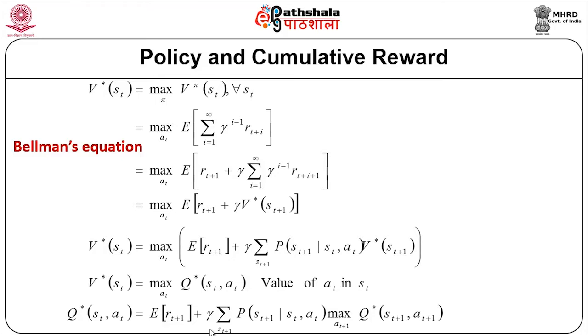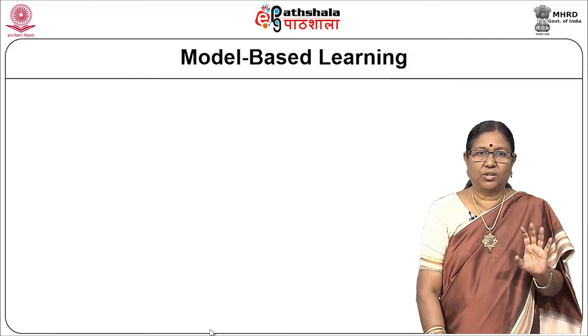So, the value of the action that you will take in state S t, Q of S t, a t, is nothing but the expected value of the reward at t plus 1 plus the discounted value at t plus 1, with the probability of reaching state S t plus 1 when you are in state S t and take action a t, which will maximize the value of the state action pair at t plus 1. So, this is the cumulative reward that we talk about.